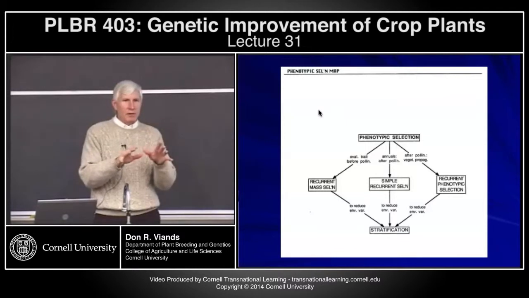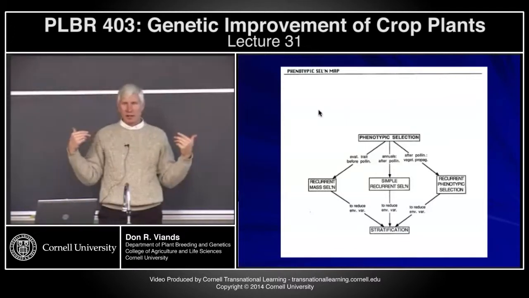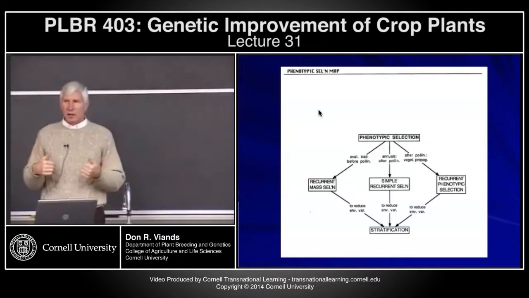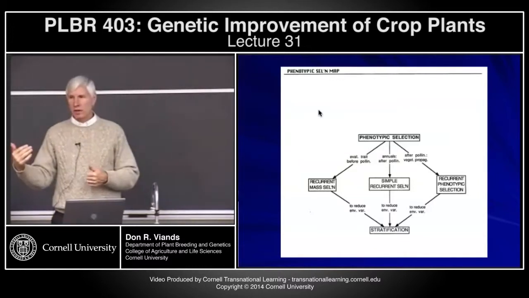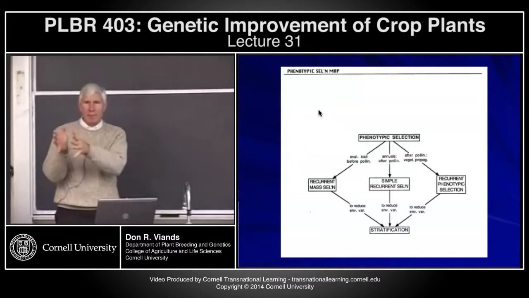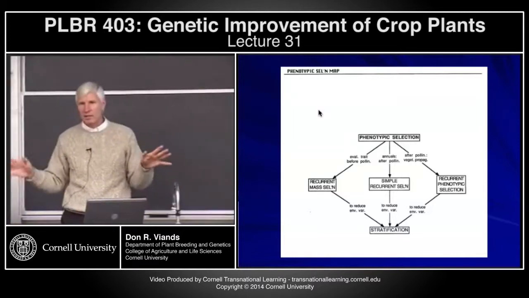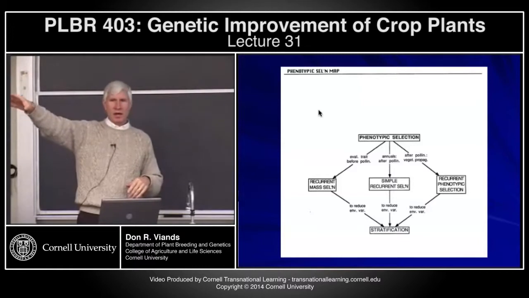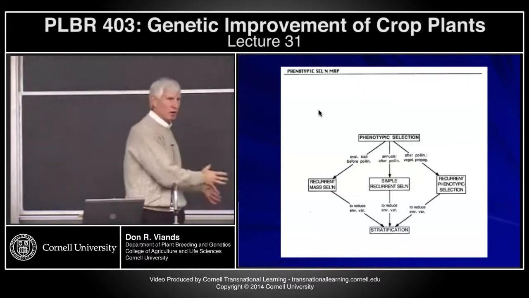If you have a lot of soil variability in your field, which we do around here, an extreme amount of variability compared to prairie soils out in the Midwest, that could really make it difficult for you to identify the superior genotypes. There might be one part of the field where the plants are growing a lot better than another part of the field. And if you just say, I'm going to select the top 10% of the plants out of the field in general, then you'll just end up selecting plants out of the best part of the field, and they're not necessarily genetically superior to plants that are in the worst part of the field.